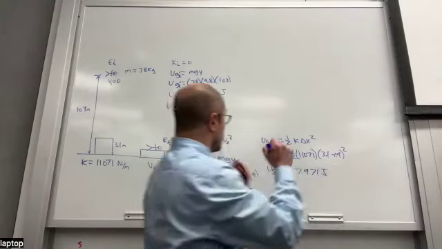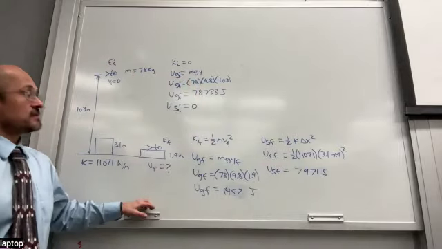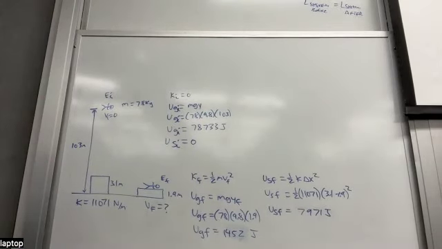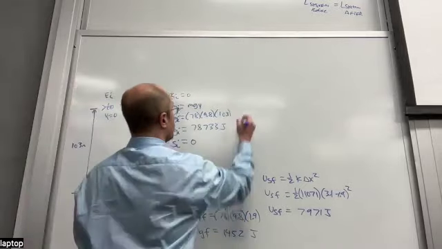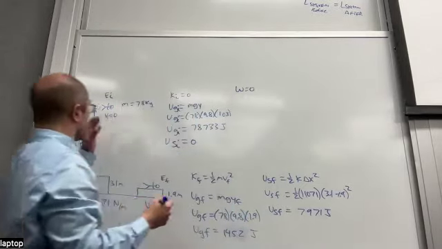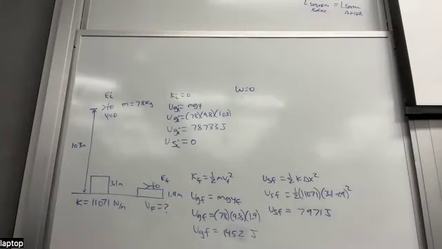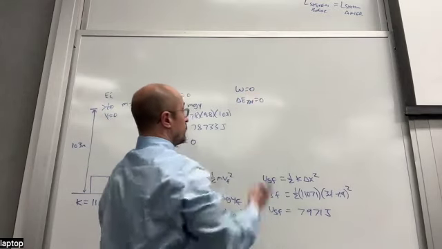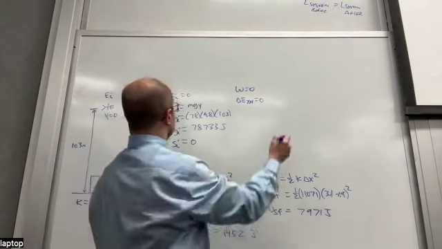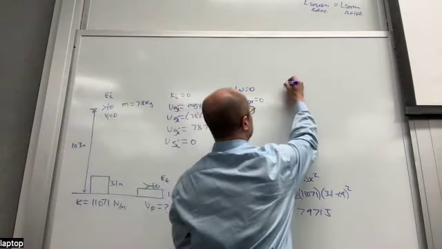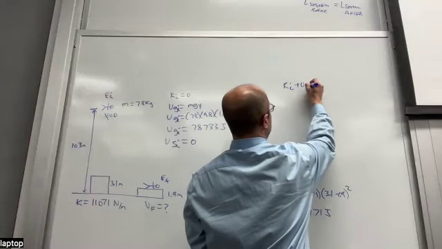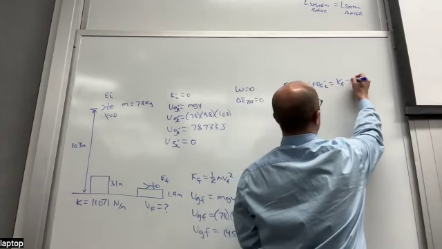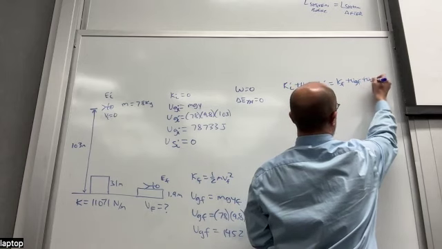Now we ask two questions. Was there mention of work done by external forces? There is no mention of external forces in the problem, so work equals 0. And there's no surface mentioned that we're dragged across, so delta E thermal is 0. When we write our energy equation: K initial plus U_G initial plus U_S initial equals K final plus U_G final plus U_S final.